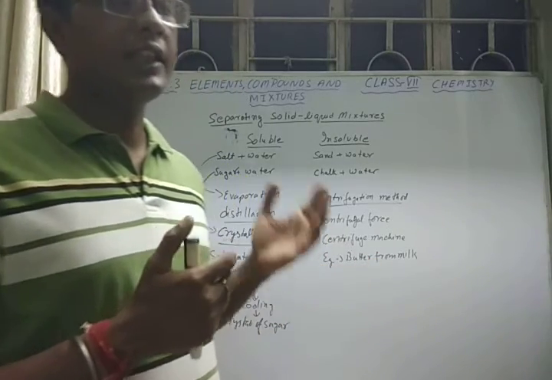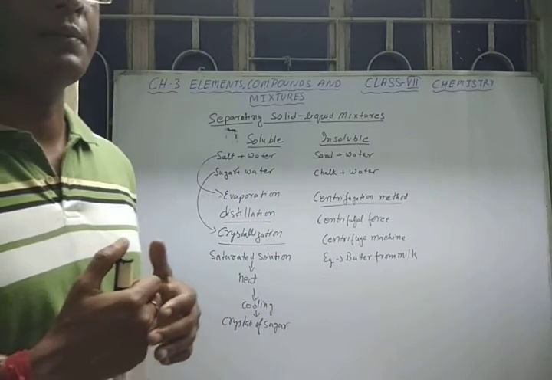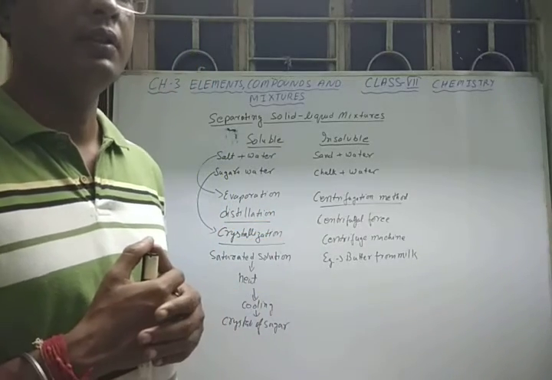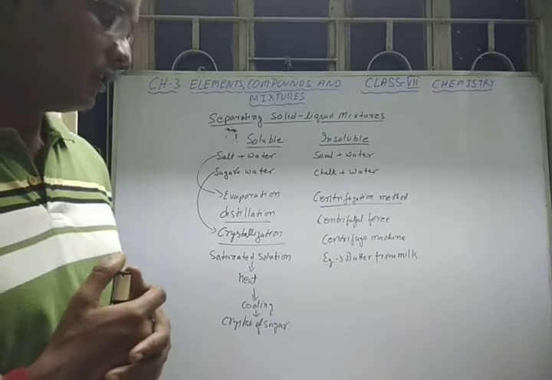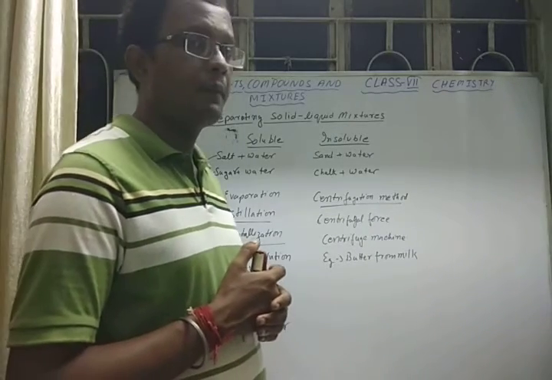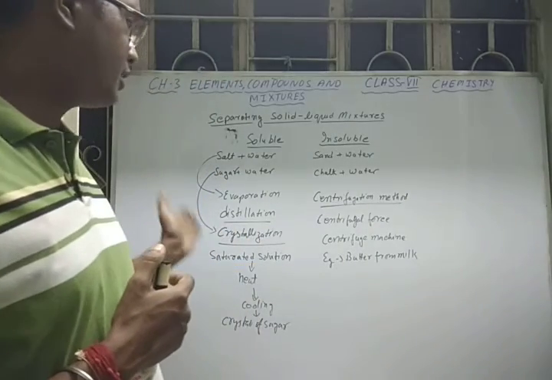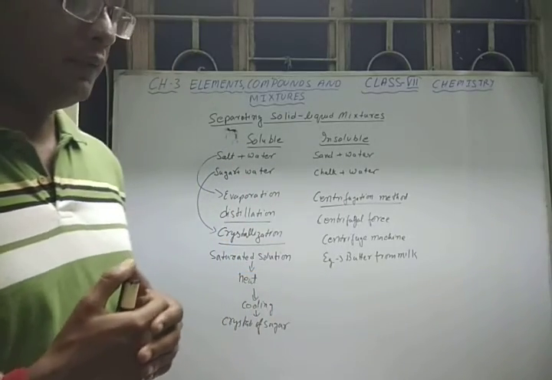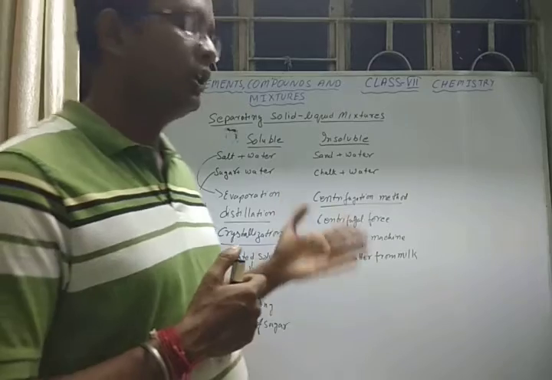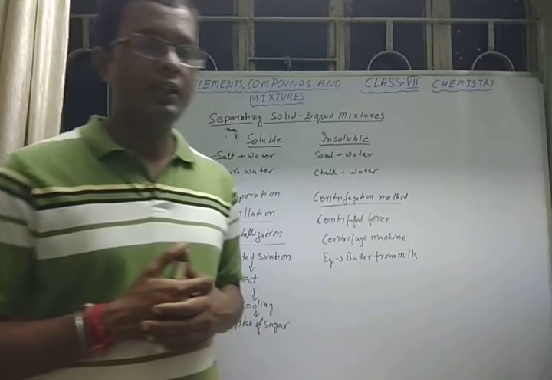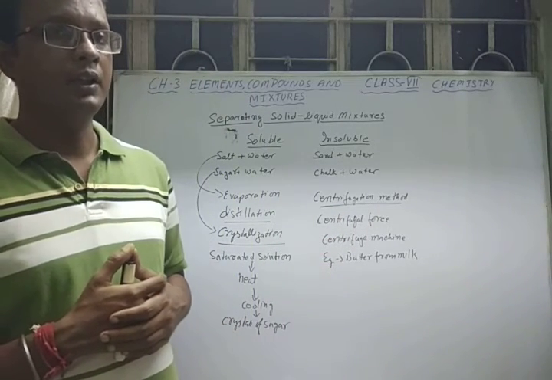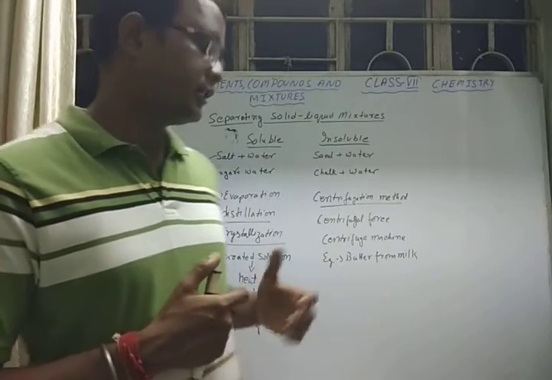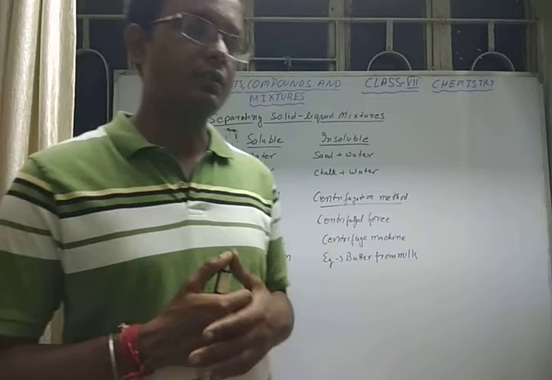So these are the methods: evaporation, distillation, crystallization and centrifugation, by which we can separate solids from a solid-liquid mixture. And in the distillation process, you will get the liquid also.